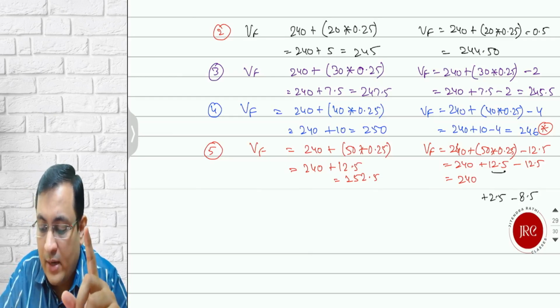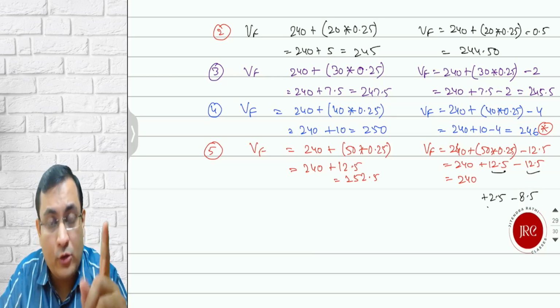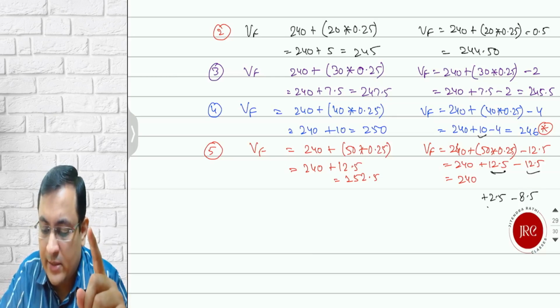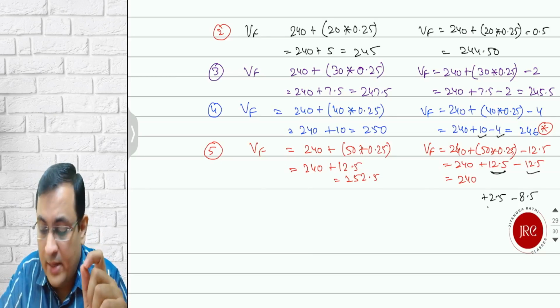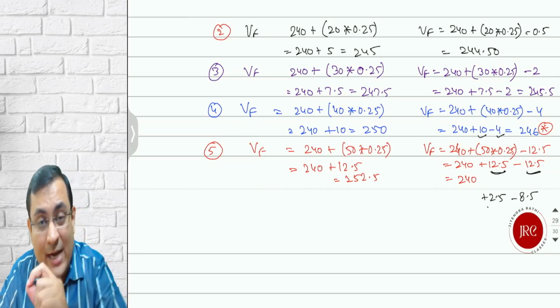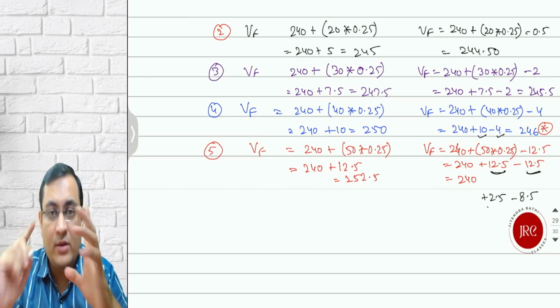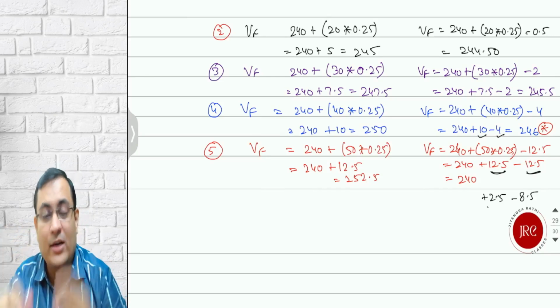The overall advantage is equal to the overall cost, but the marginal advantage is only 2.5. From 10, it is increasing to 12.5, that means 2.5, and from a 4 million cost, it is increasing to 12.5 million. So your marginal cost is 8.5. What we want is to equate marginal benefit with marginal cost, not the total cost with the total benefit.